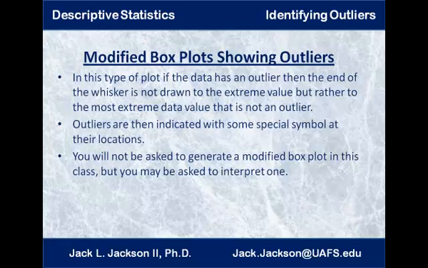And then for the outliers, you put a special symbol like a little star or an asterisk at those outlier locations. For my class, you will not be asked to generate a modified box plot yourself. But if you see one, you'll need to be able to interpret what it means.